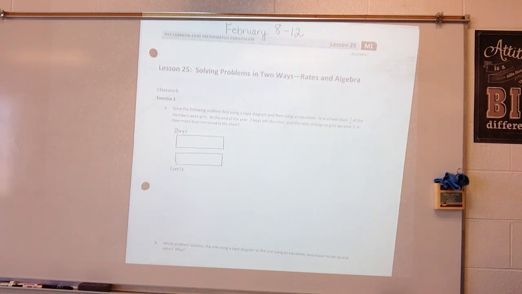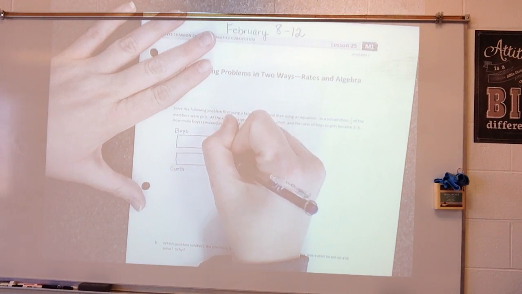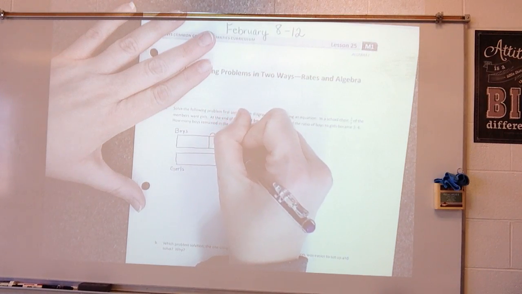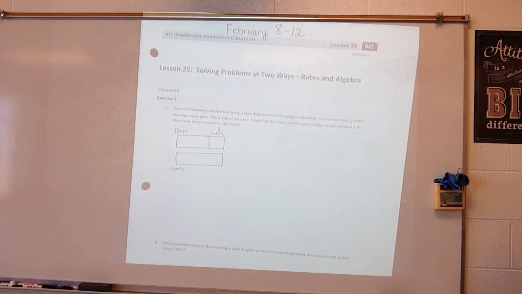Now it says at the end of the year, 3 boys left the choir. Alright? So we're going to just kind of section this off, and we're going to let that be 3 boys.